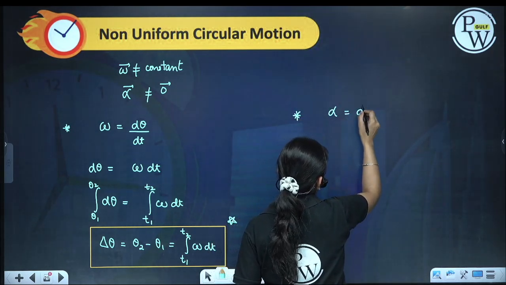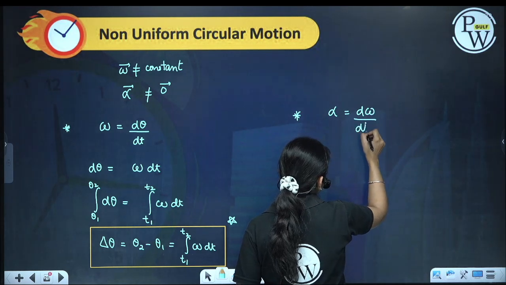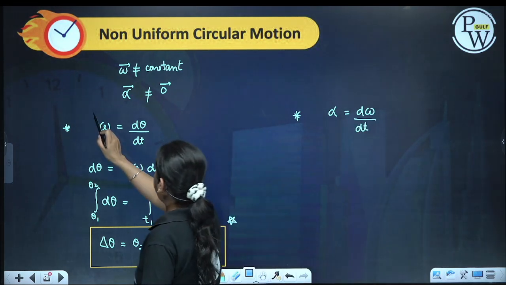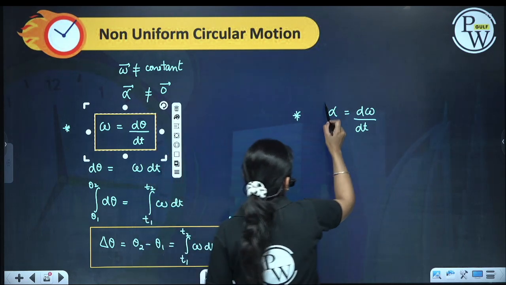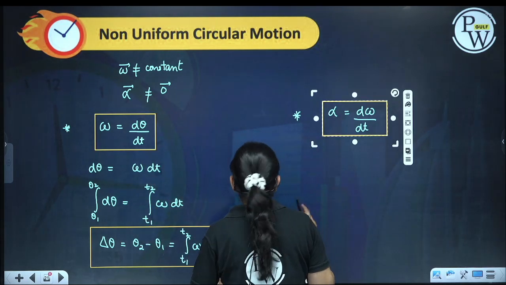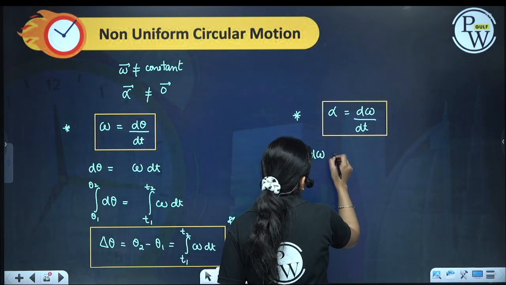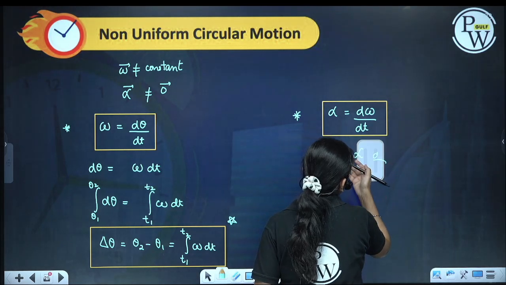Next we have alpha equal to d omega by dt. Omega is equal to d theta by dt and alpha is equal to d omega by dt. So from here d omega will be alpha dt.